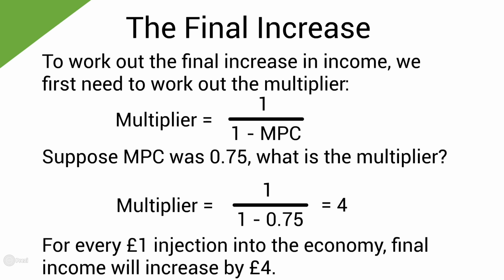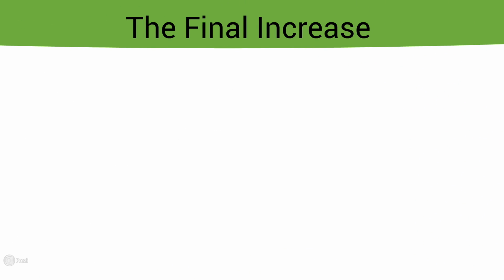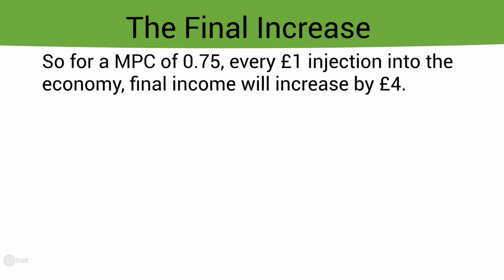A value of 4 means that for every £1 injection into the economy, final income will increase by £4. So an injection into the economy will increase final income by 4 times the amount of the initial injection.